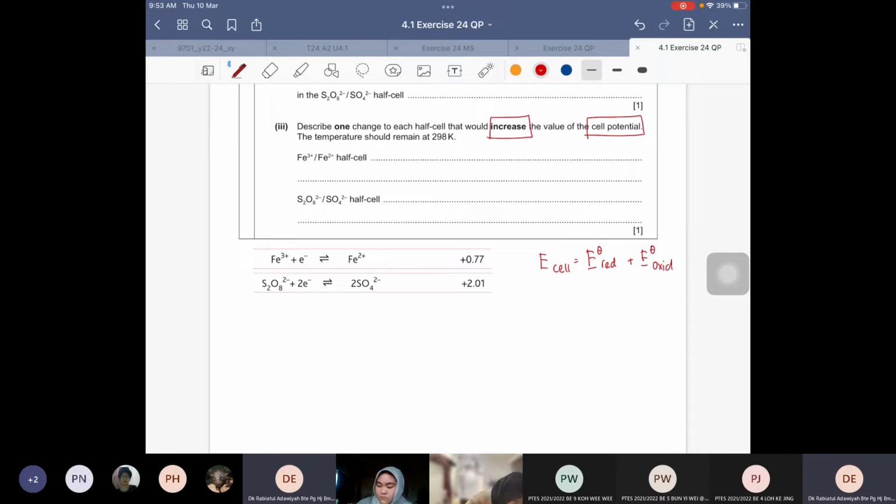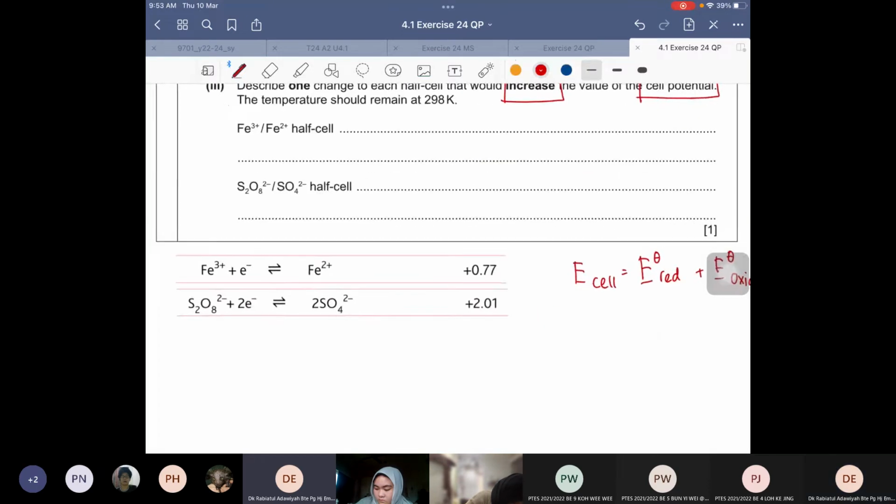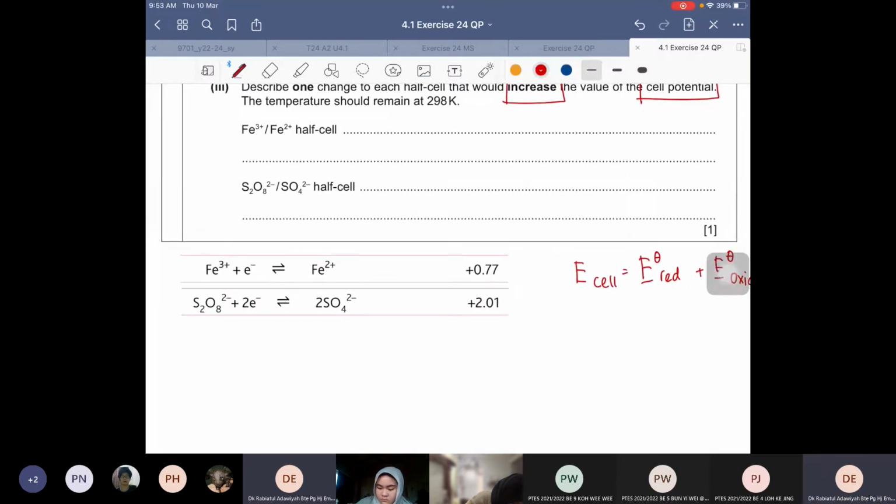If you look at the values here, the sulfur half cell, S2O8 2-, is more positive, so this one will undergo reduction. And the Fe2+ Fe3+ is less positive, so it will undergo oxidation.